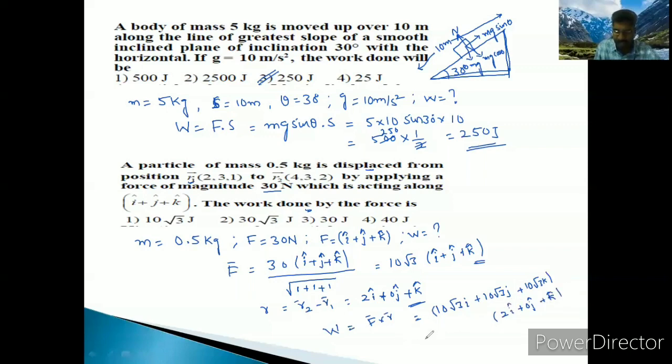Multiplying 2 gives 20 root 3, plus 0 into something is 0, plus 10 into 1 means 10 root 3. So 10 plus 20 means 30 root 3 joules is the answer.